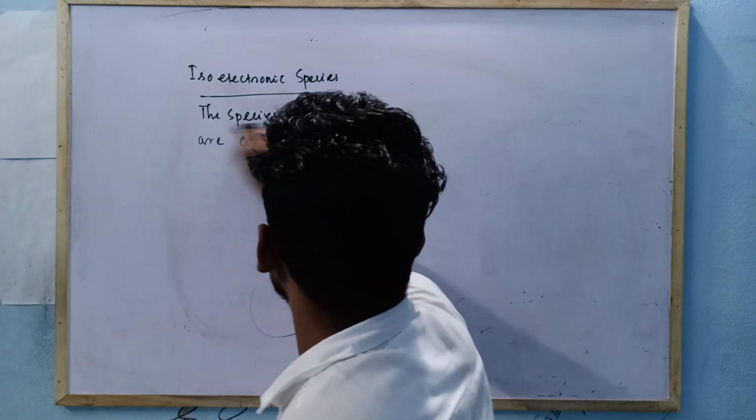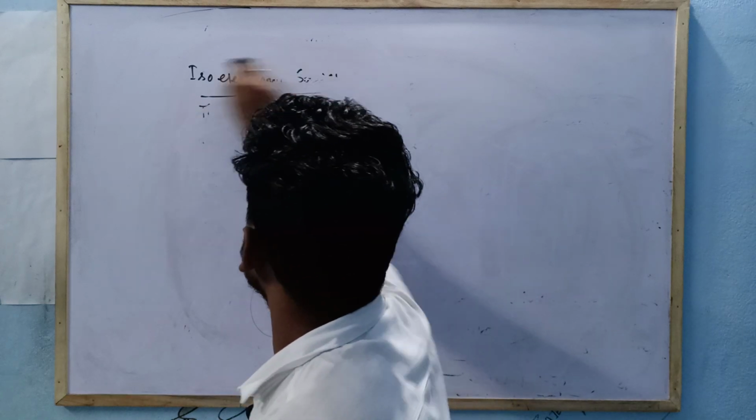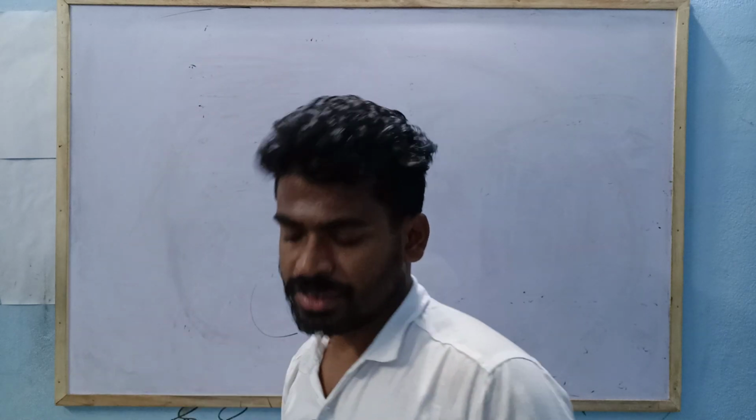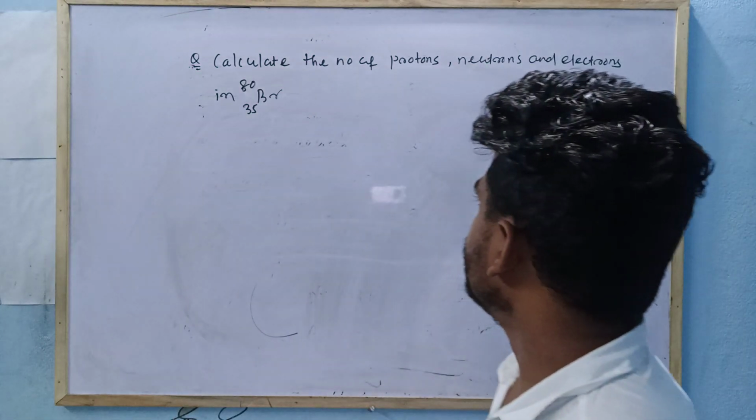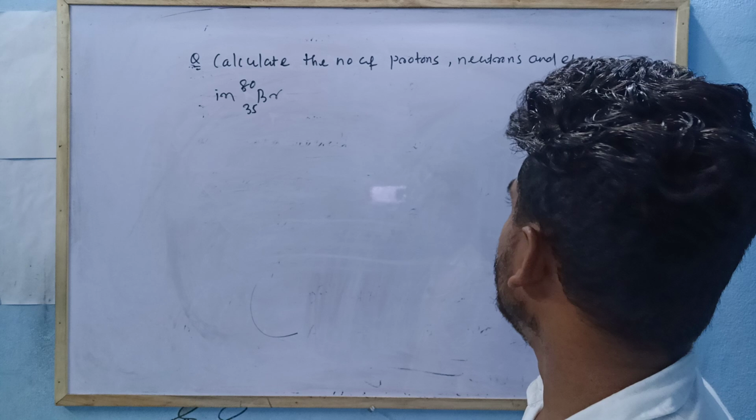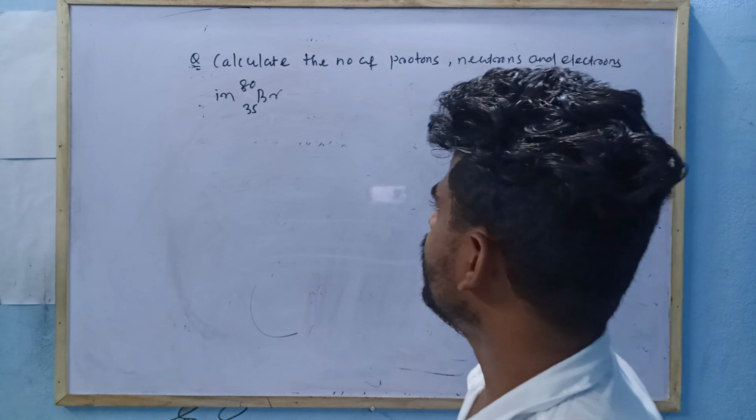Next, we will discuss a numerical. Here you see, calculate the number of protons, neutrons and electrons in bromine 35, 80.